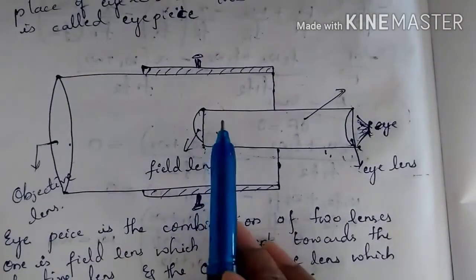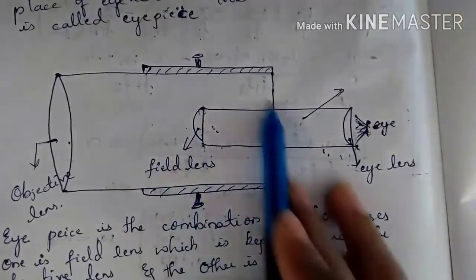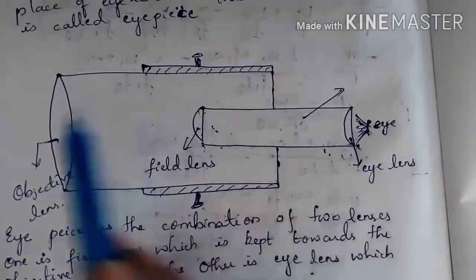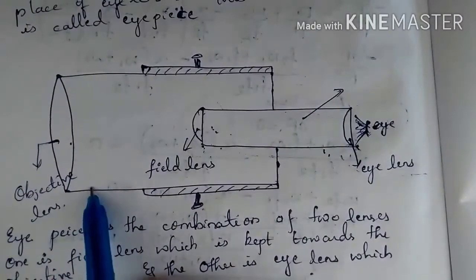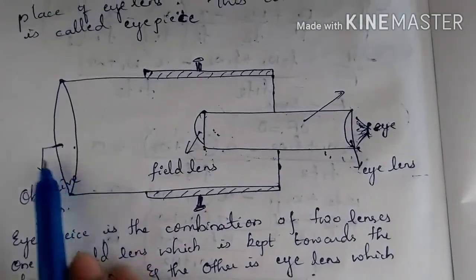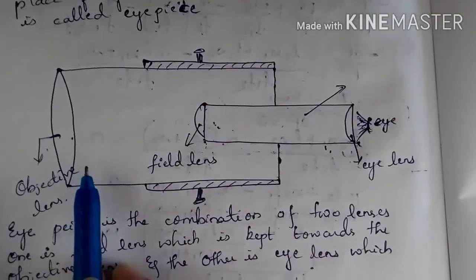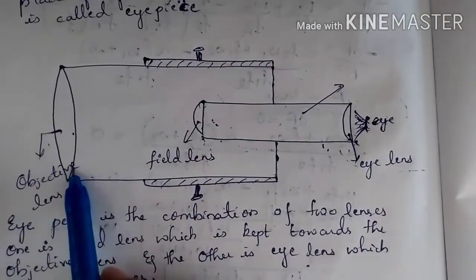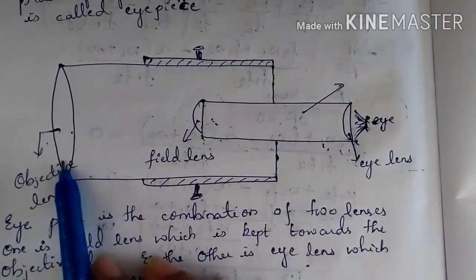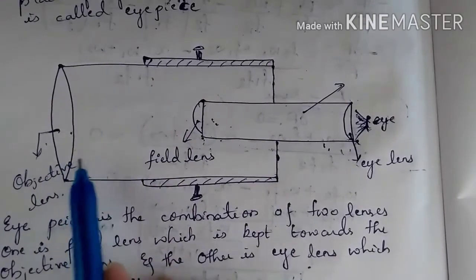What it does is it magnifies the image that is formed from the objective lens. You will have the objective lens first, and there will be an image formed because of the objective lens, and this image will be small to observe.